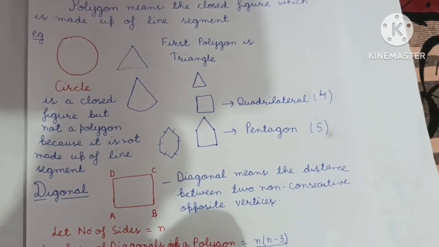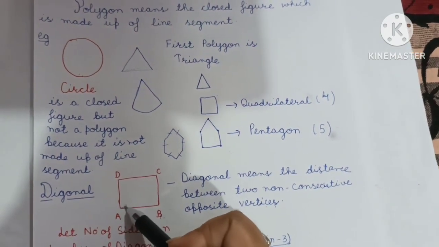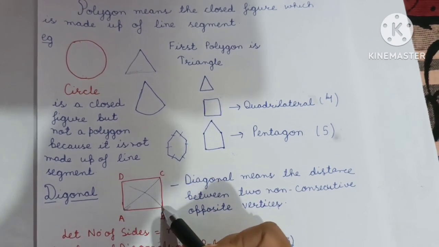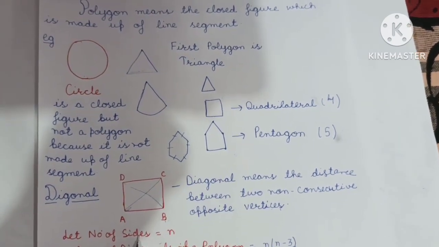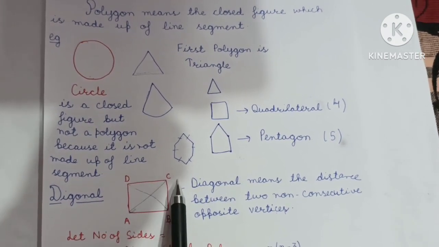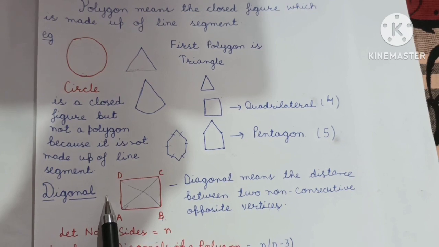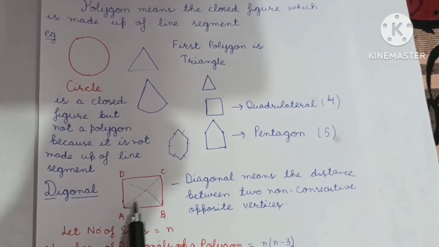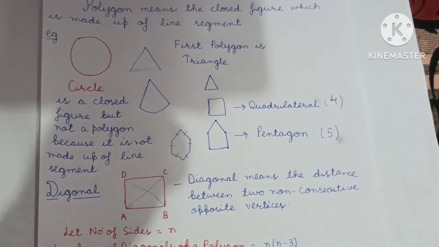It means if you join two non-consecutive opposite vertices, then you can say that this forms a diagonal. So AC is a diagonal, BD is a diagonal.